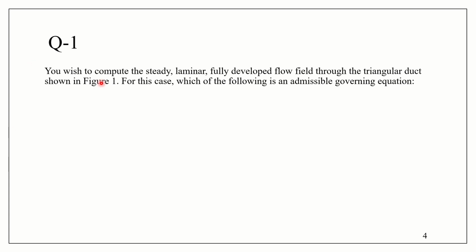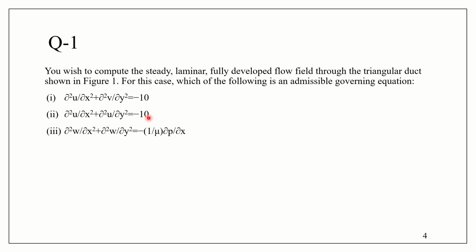In the first question, it is asked that you wish to compute the steady laminar fully developed flow field through the triangular duct shown in figure 1. For this case, which of the following is an admissible governing equation? Option 1 is ∂²u/∂x² + ∂²v/∂y² = -10. Option 2 is ∂²u/∂x² + ∂²u/∂y² = -10.